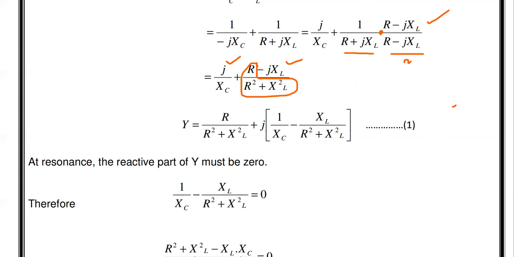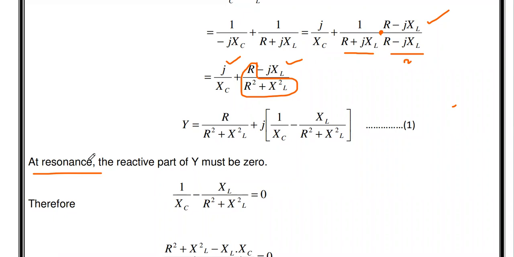At resonance condition, the reactive part, meaning the imaginary part of this admittance equation, becomes 0. At resonance, our circuit is purely resistive in nature, which means the impedance or admittance has only the real component.